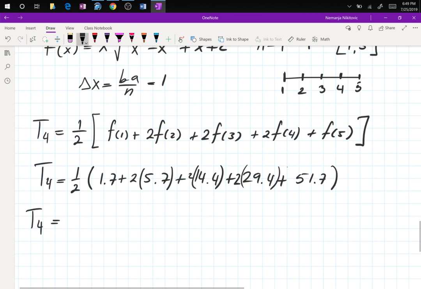So 0.5 times, open parenthesis, 1.7 plus 11.4 when you multiply, plus 28.8 plus 58.8 plus 51.7.